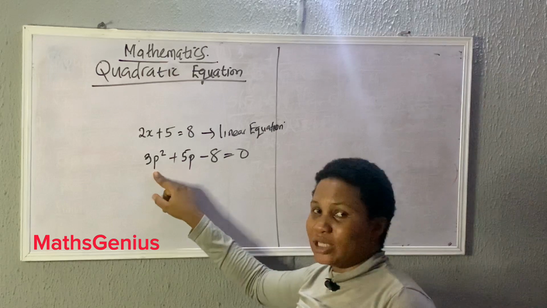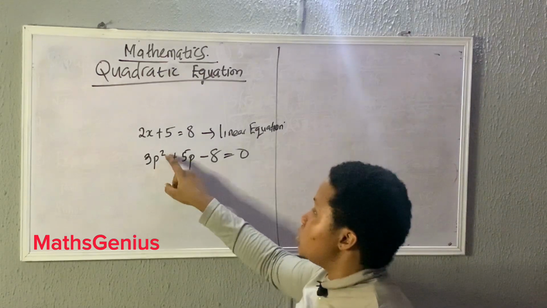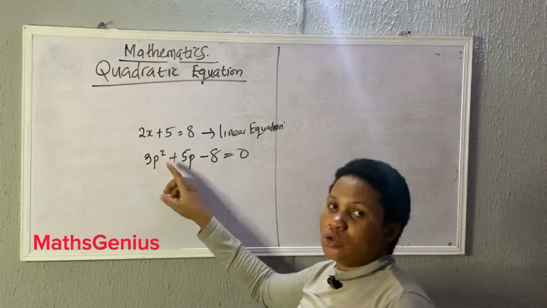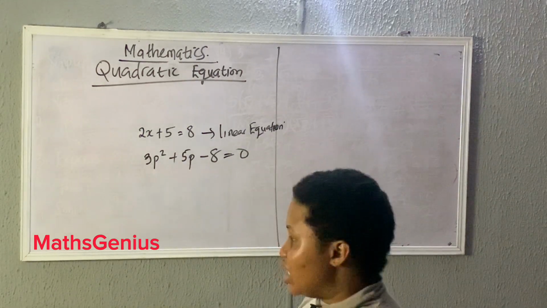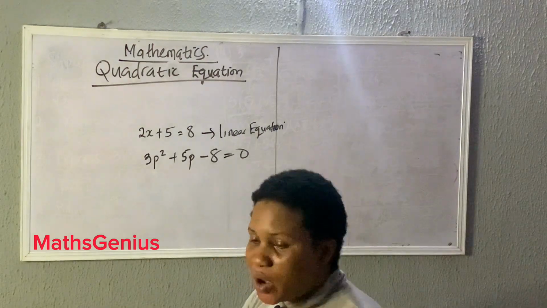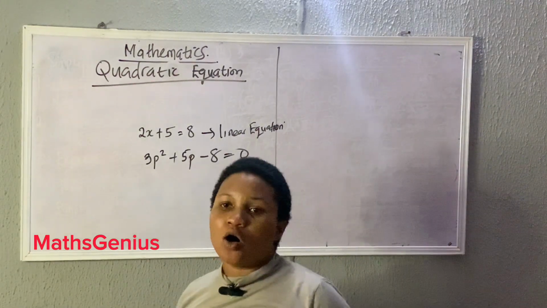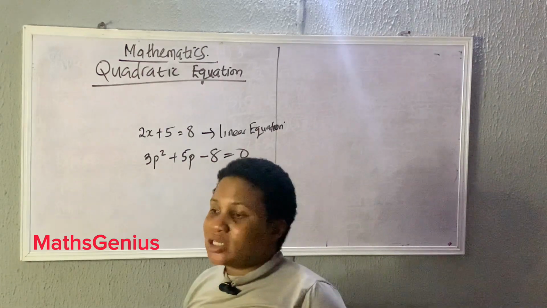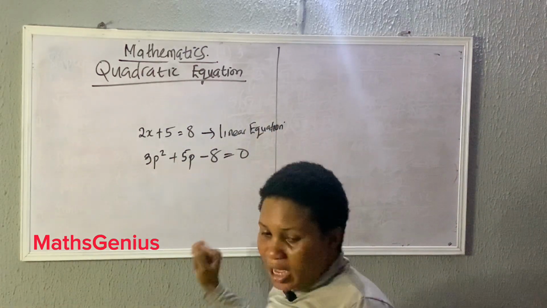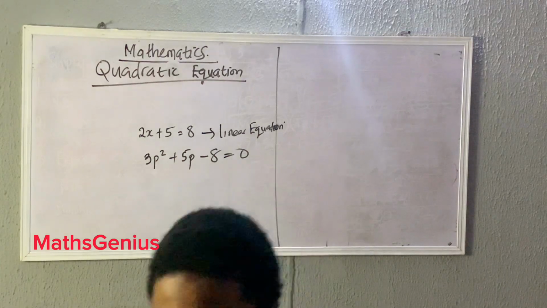P is our unknown there, and the power of the unknown is 2, so it gives us a quadratic equation. Then we have polynomials. When we say polynomials, we can have the power of the unknown to be 3, 4, 5, 6, 7, and the likes. So those are the types of equation we have in mathematics.